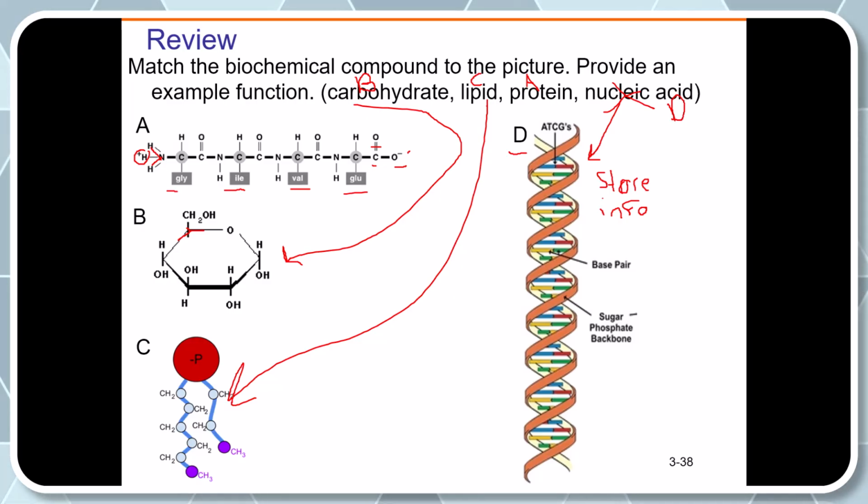Lipids do more long-term energy storage. They do insulation, protection. They also are important, like the phospholipid would be important for cell membrane structure, and then steroids are lipids as well, and those can be chemical messengers. So those are the various functions of lipids there.